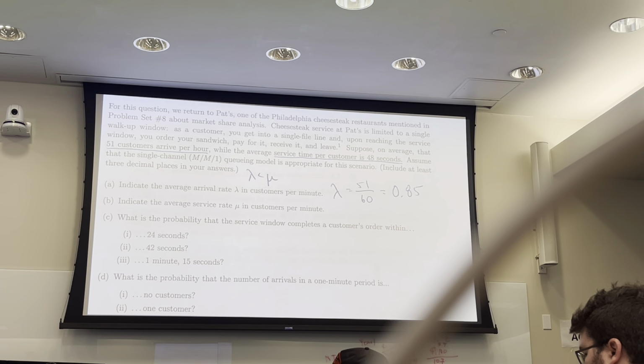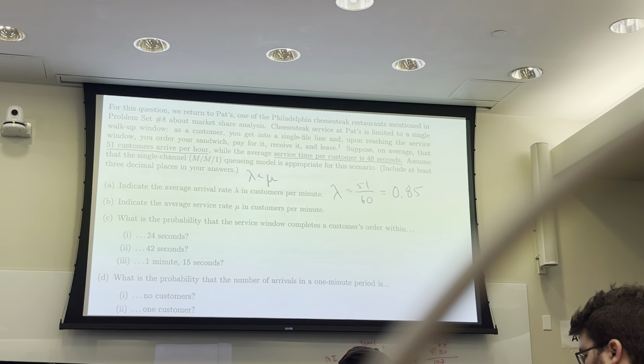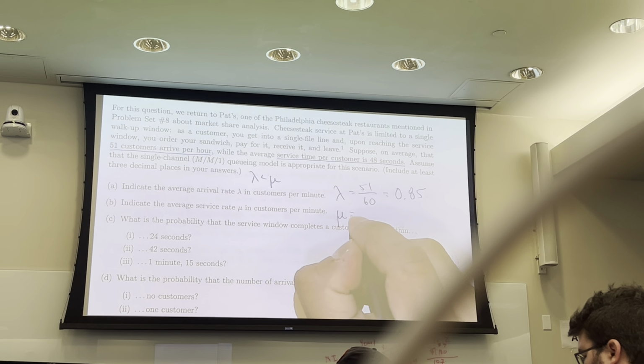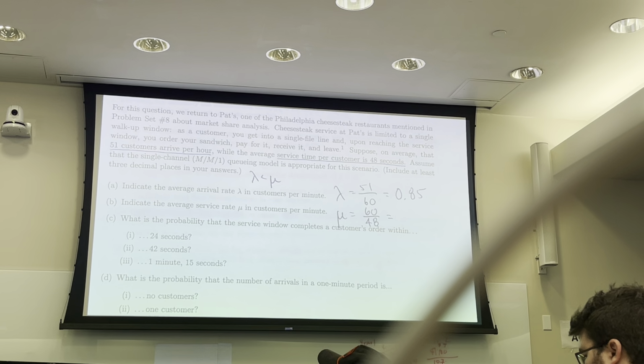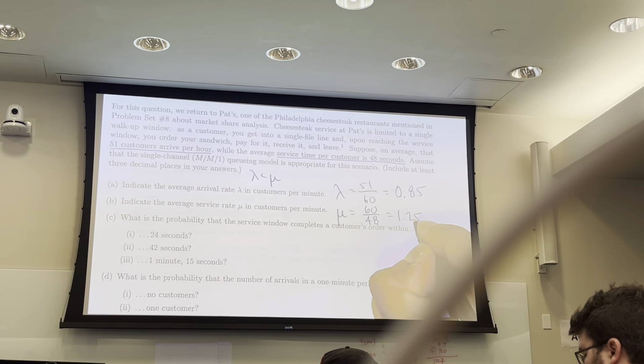All right, average service rate in customers per minute. So the average service time per customer is 48 seconds. If I want that to be customers per minute, what do I do? 60 divided by 48. Good. It's one customer every 48 seconds, so if I multiply by 60, that gives me customers per minute.